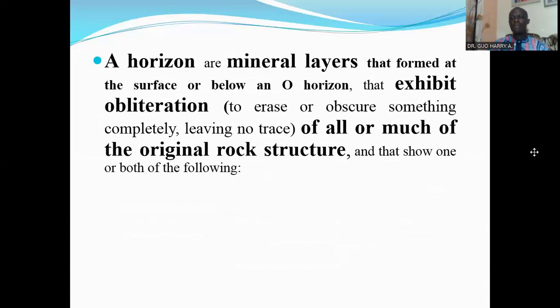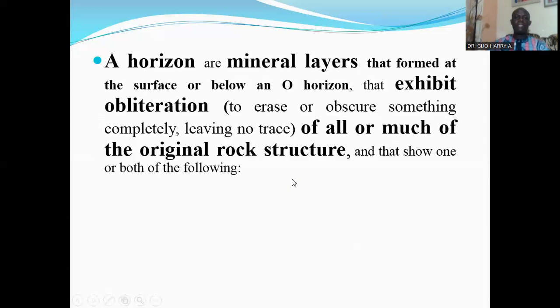They're usually formed on the surface where there's no O horizon, but when there is an O horizon, they form below it. Obliteration basically means to erase or obscure something completely, leaving no trace of it. So they exhibit loss of all or much of the original rock structure, and they show one or both of the following characteristics.